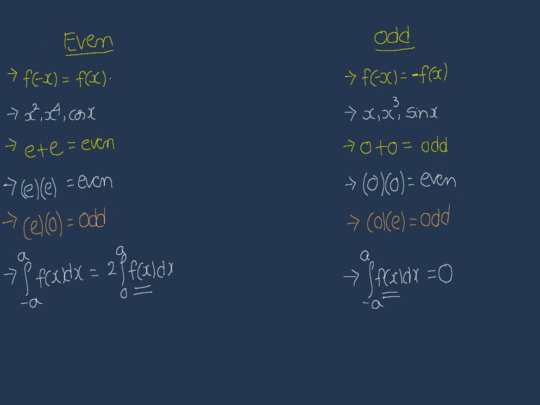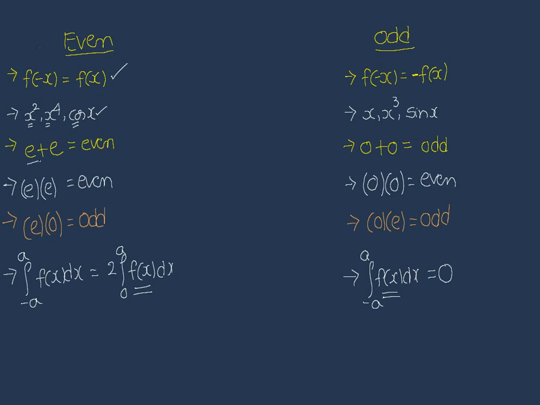So what is meant by an even function means if f of minus x is equal to f of x, then you call it as even function. Examples. So in place of x, if you substitute minus x whole square, you will get same x square. In place of x if you substitute minus x whole power 4, same x power 4 you will get. Cos of minus x is cos x. Therefore, these are all even functions.